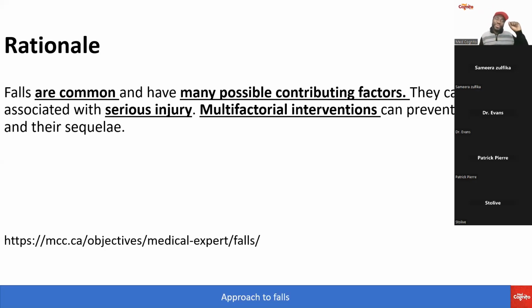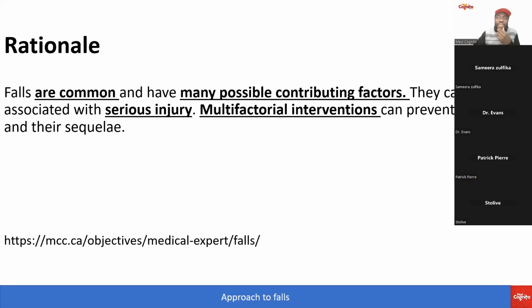So falls are common and have possible contributing factors. If I were preparing for the exam, I would ask myself, if falls are common and there are specific contributing factors, then I need to know that. And they can be associated with serious injury.